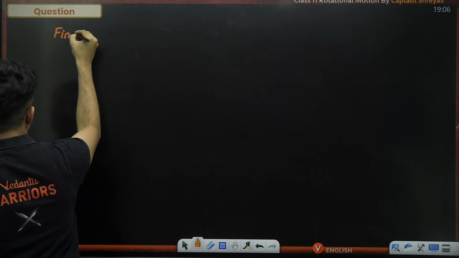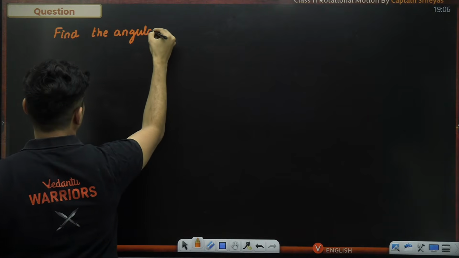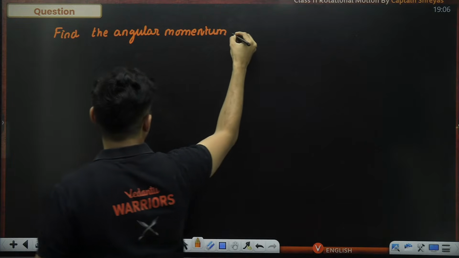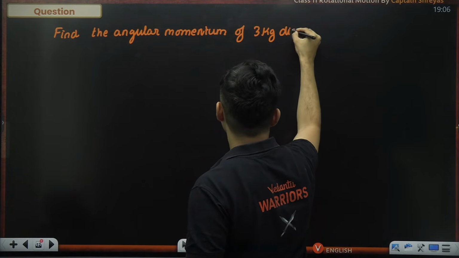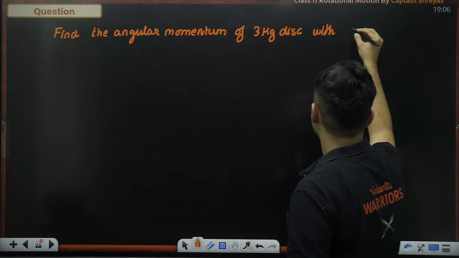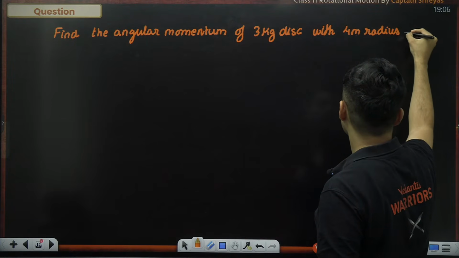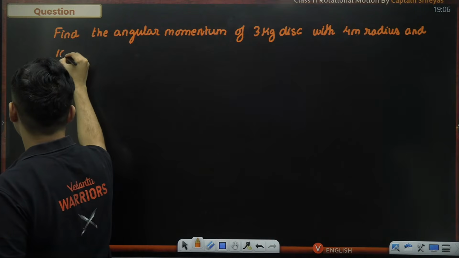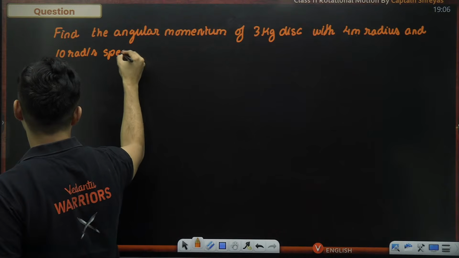Find the angular momentum of a 3 kg disc with 4 meter radius and 10 radian per second speed.